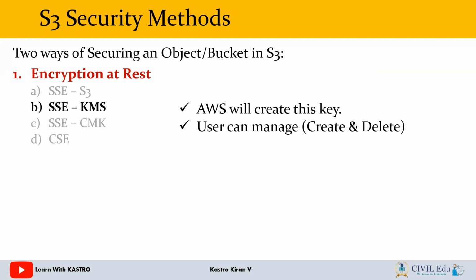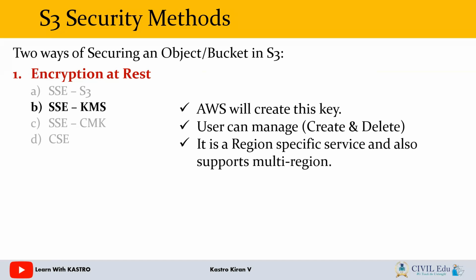But here, we will have the complete permissions to manage the KMS key. And KMS key is a region-specific service, and also it supports multi-region as well. That means whenever you are creating a KMS key, you can create the same KMS key in multiple regions.